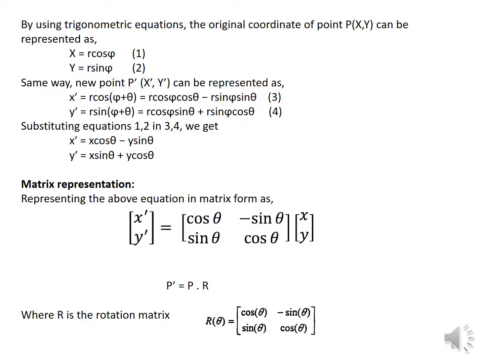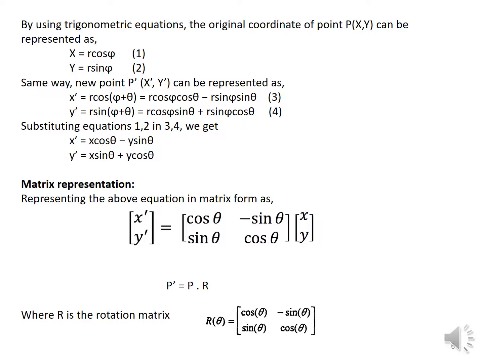By using trigonometric equations, the original coordinate (x, y) can be represented as x equal to r cos phi and y equal to r sin phi. In the same way, the new rotated point (x', y') is represented as x' equal to r cos(phi plus theta) and y' equal to r sin(phi plus theta), where theta is the angle of rotation.